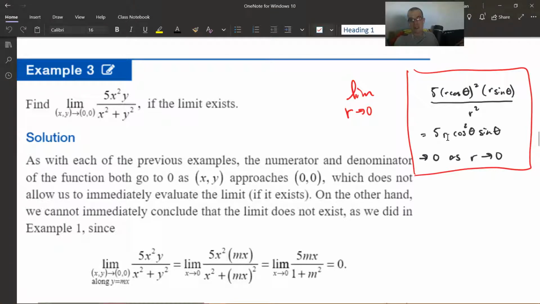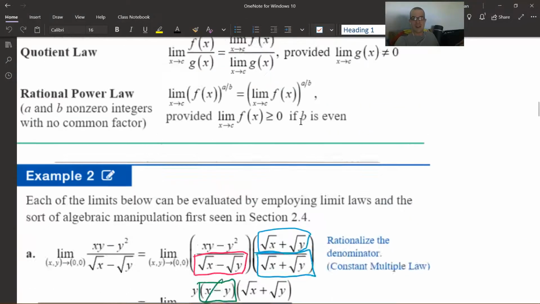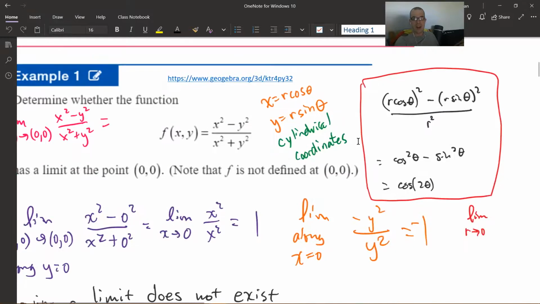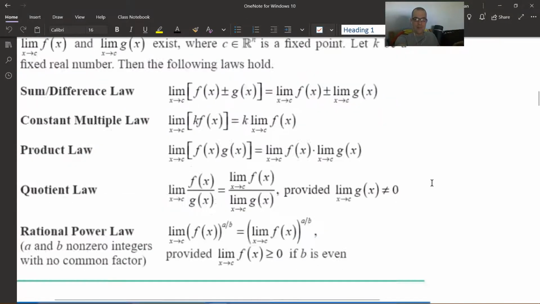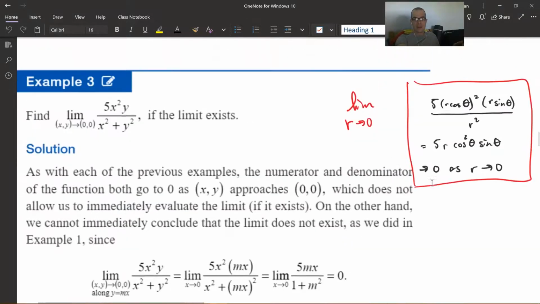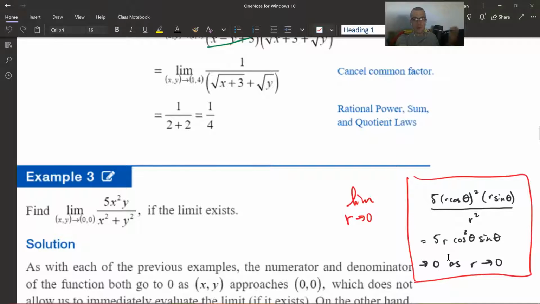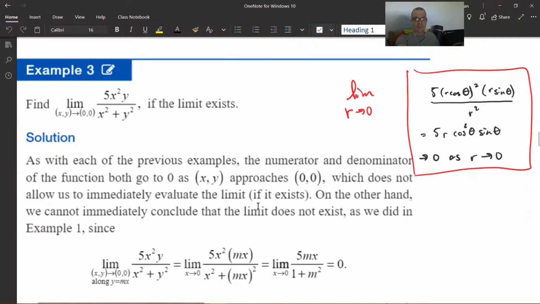And as it goes to 0, the entire function is going to go to 0. So unlike the scenario up above, where shrinking r to 0 doesn't really change cosine of 2 theta at all, that can still go from 1 to -1 however it wants. When we shrink r to 0 down here, we are approaching 0 as a y or a z value. And so we do expect the limit to exist here.